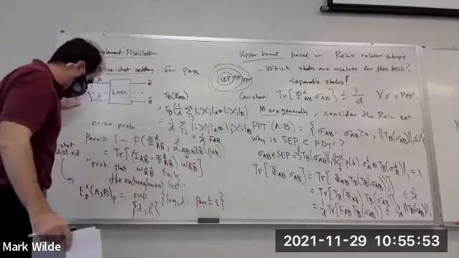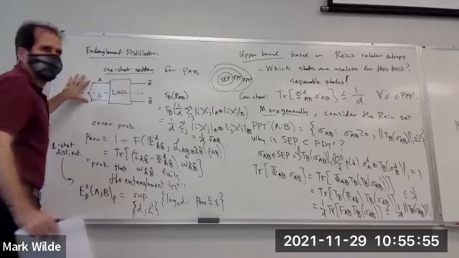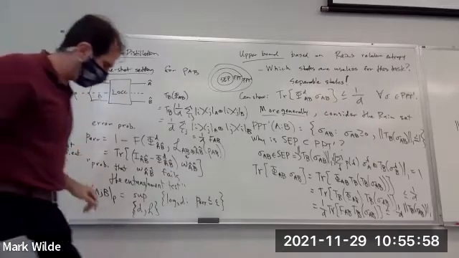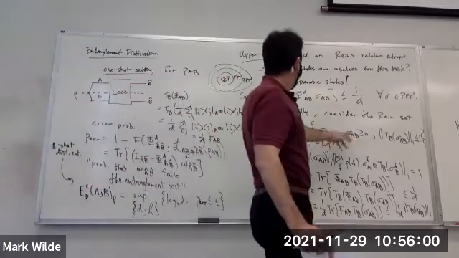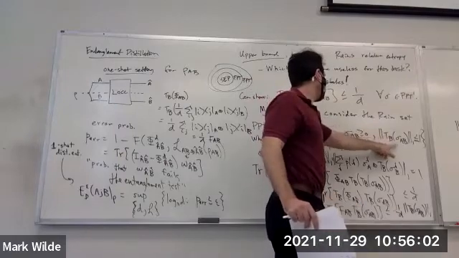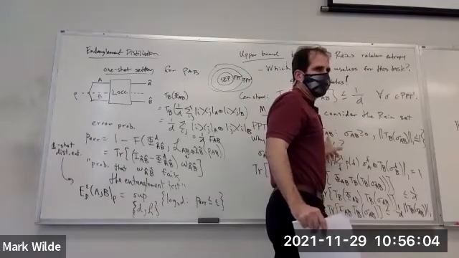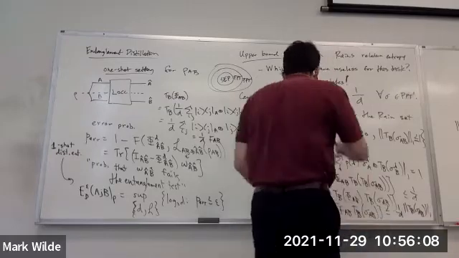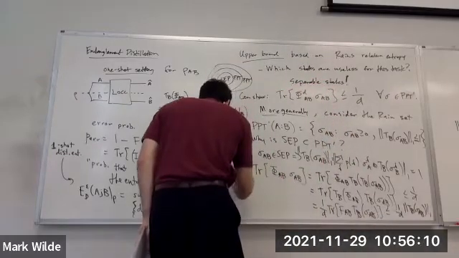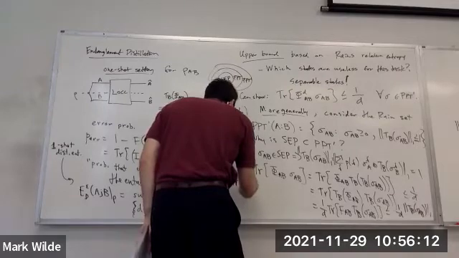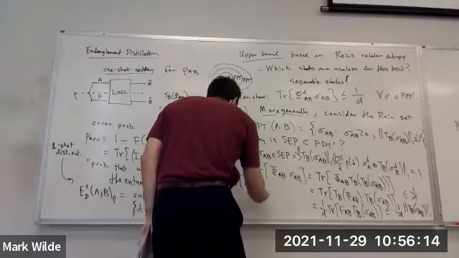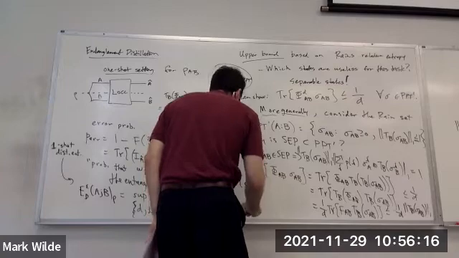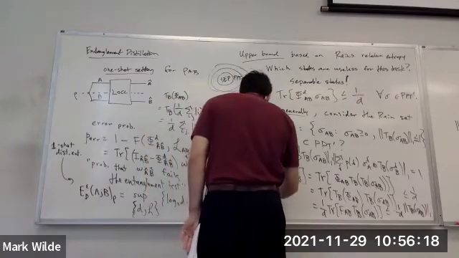We're going to be placing here a PPT operator. You can show that this actually implies that the trace of this is less than 1. Why is that? Let's do that. The trace doesn't change under a partial transpose.